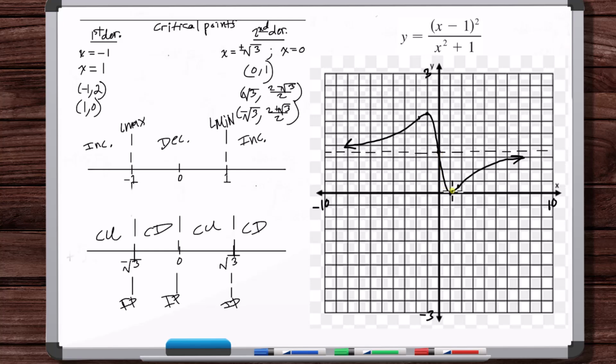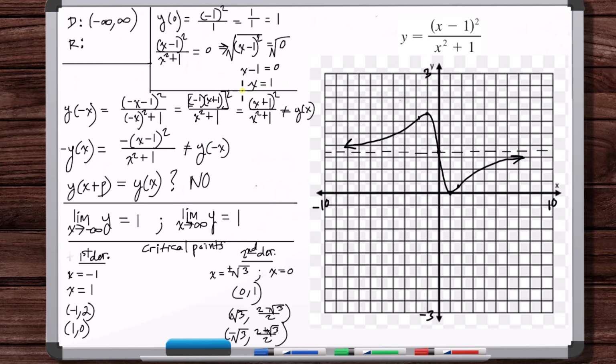And then from 0 to root 3, we're concave up. And then from root 3 to infinity, we're concave down. The y-intercept is at 0, 1. The x-intercept, let's check that. One x-intercept at x is equal to 1. The endpoint behavior is correct. As x approaches plus or minus infinity, the function is approaching y is equal to 1. And so there you go. That's the graph.